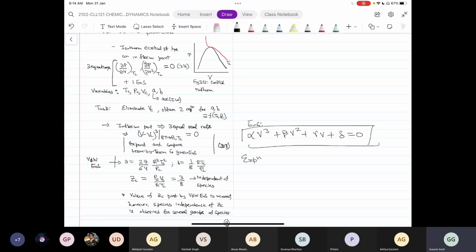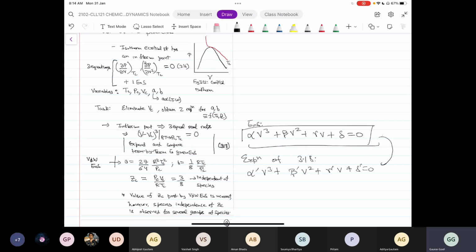So let us write this as the expansion of 3.18, and let's assume you get another cubic expansion, and the parameters I'm writing are alpha prime, beta prime, gamma prime, and delta prime.